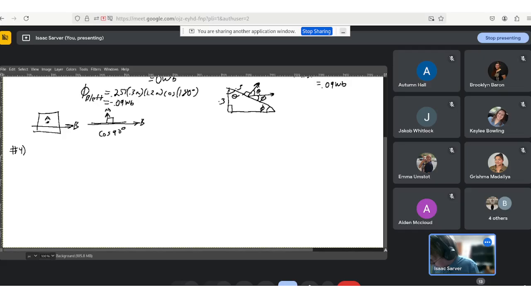So we have a blood vessel in a uniform magnetic field. And we're going to put electrodes across our blood vessel, and we're going to measure the voltage, I believe.